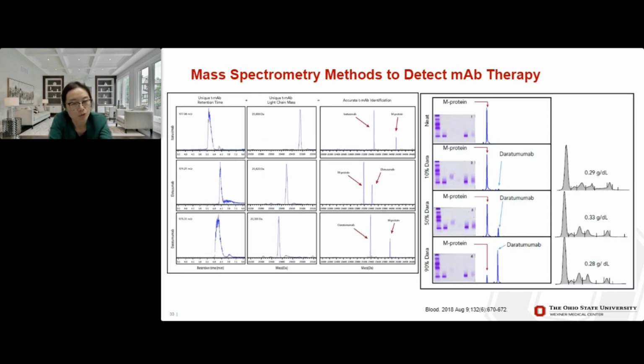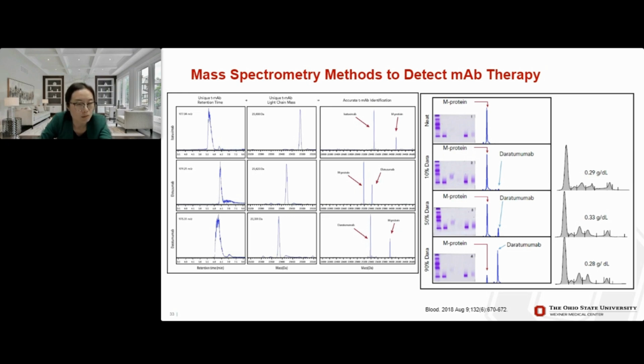This is a study showing the superior resolution of monoclonal immunoglobulin rapid accurate mass measurement as compared with serum protein electrophoresis and IFE for distinguishing and quantitating M proteins in the presence of daratumumab. A residual patient sample with endogenous M protein co-migrating with daratumumab was mixed with different concentrations of daratumumab.